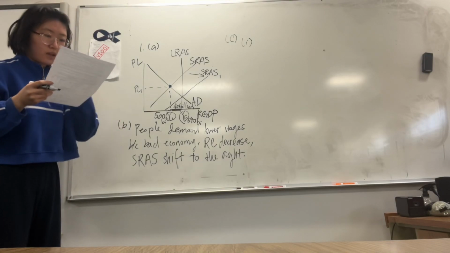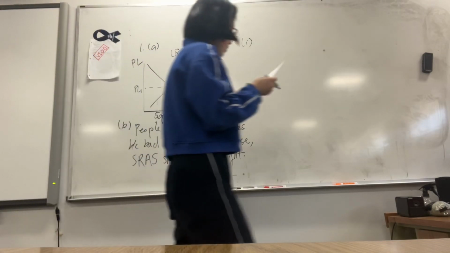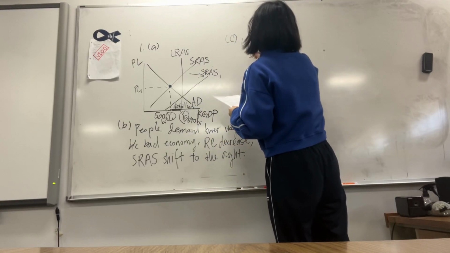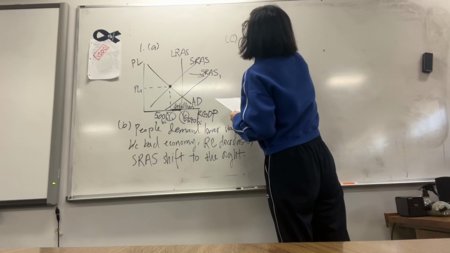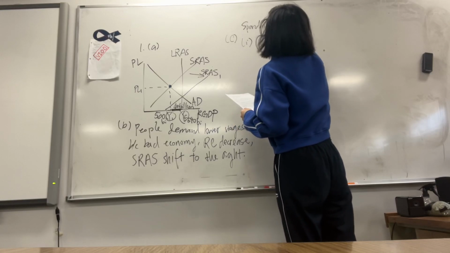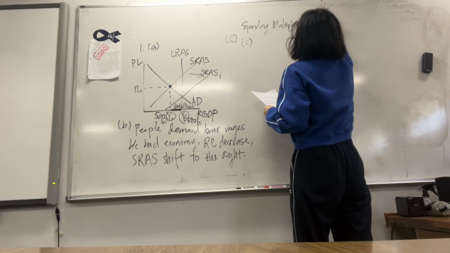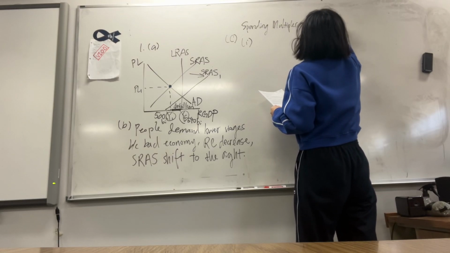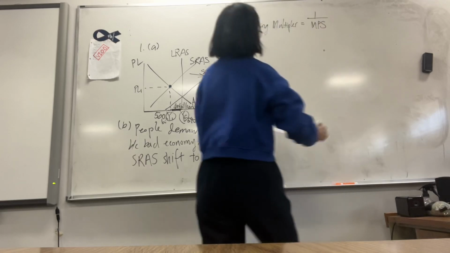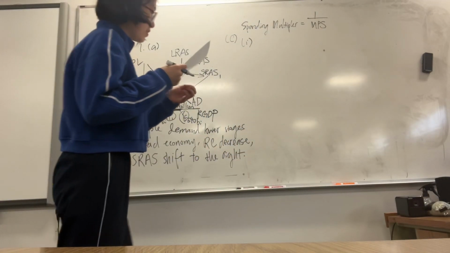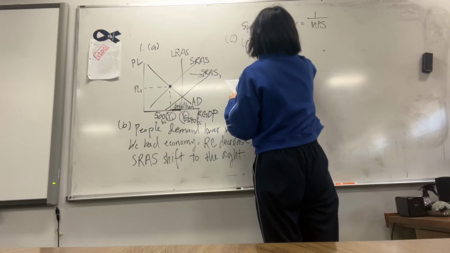And what the government can do, well, right here, you have to use the spending multiplier. So just remember the spending multiplier is equal to 1 over marginal propensity to save. Okay, but the good thing is that they tell you the marginal propensity to consume is 0.8.